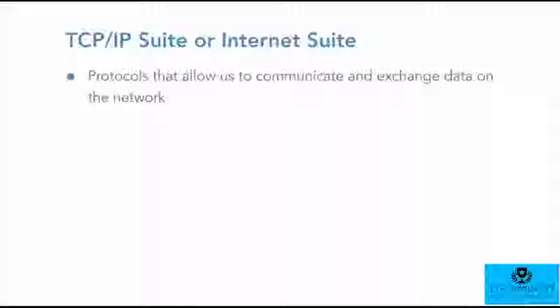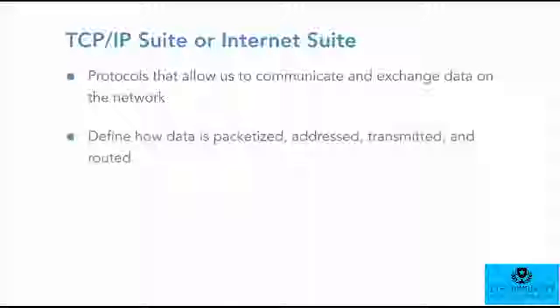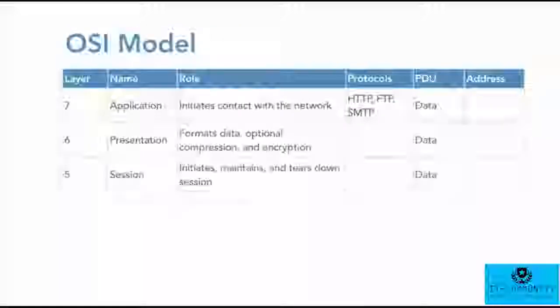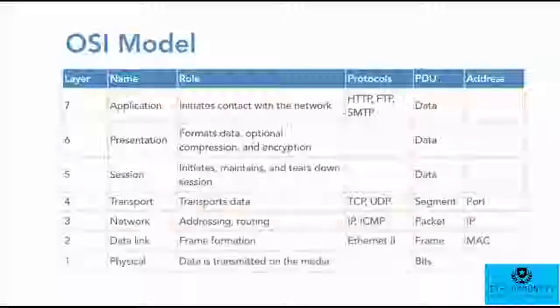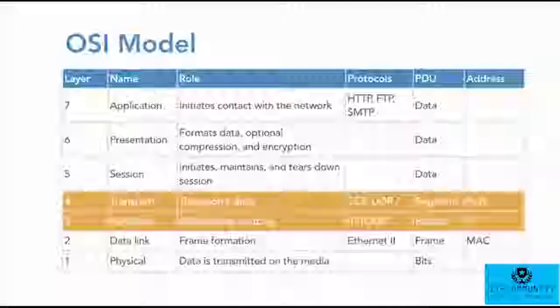TCP/IP, or the Internet Suite, is a set of protocols that allows us to communicate and exchange data on the network. The suite defines how data is packetized, addressed, transmitted, and routed. TCP/IP is the predominant communication suite and resides at the network and transport layer.